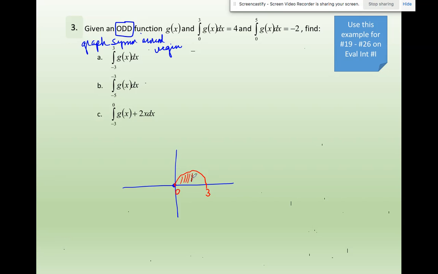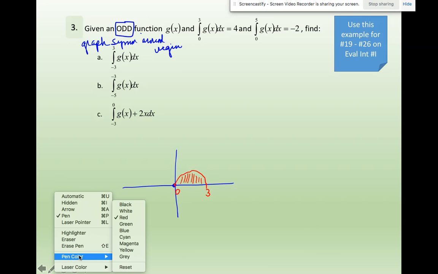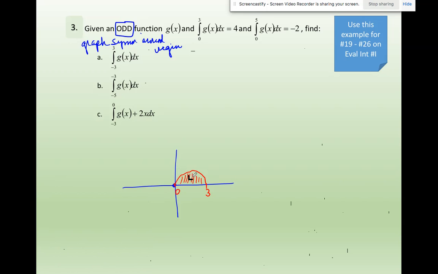So the function's always above the x-axis. This integral is 4, isn't it? Right, do you see that? Going from 0 to 3. Now, in reality, this function may go both above and below, but why not draw the simplest case possible? Right, 0 to 3, adding up all those infinitely small areas of all those infinitely thin rectangles, I get a 4.